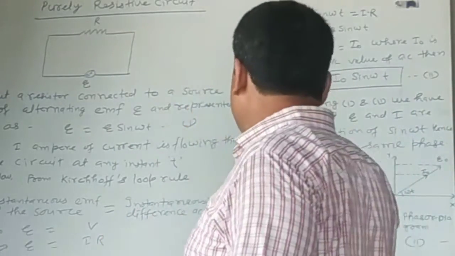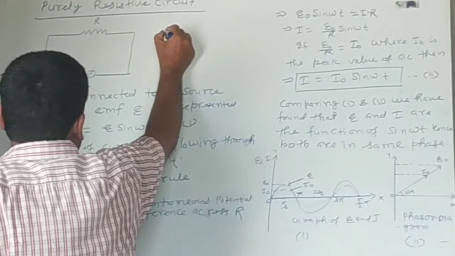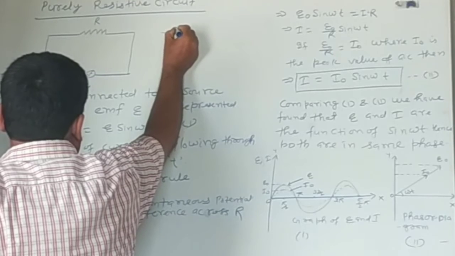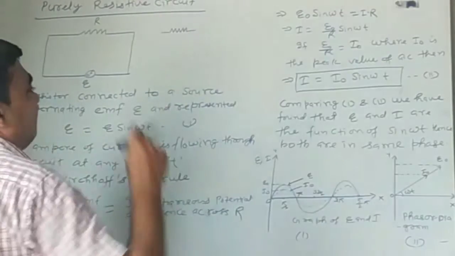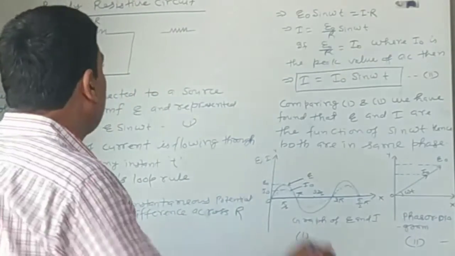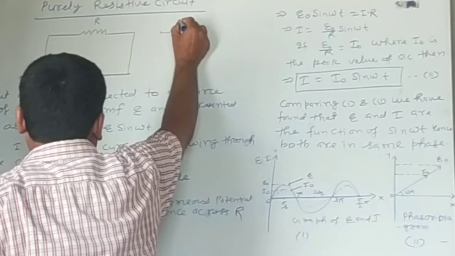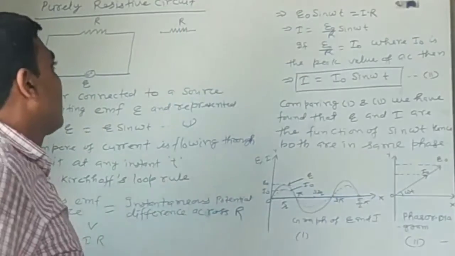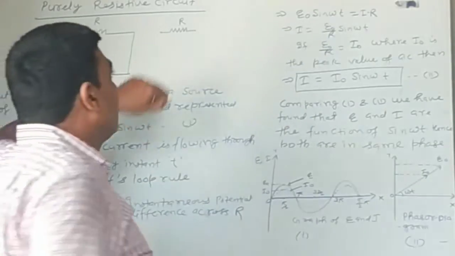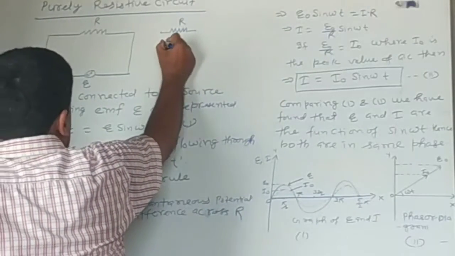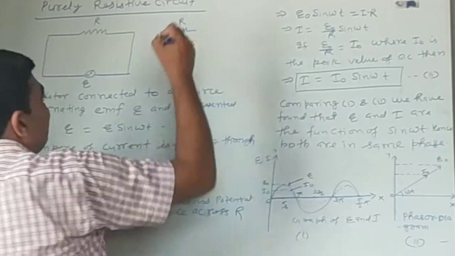Here you can see this is the symbol of resistor. A resistor has resistance R. Okay.